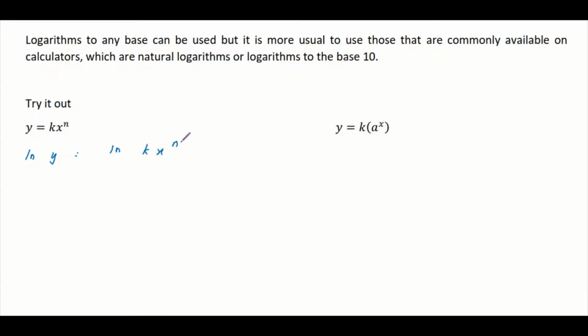Okay, so now it's not in the form of y equals mx plus c yet. How should we rearrange the whole thing so we get y equals mx plus c? For this term, we can always expand it. So natural log of y equals natural log of k plus natural log of x to the power of n.